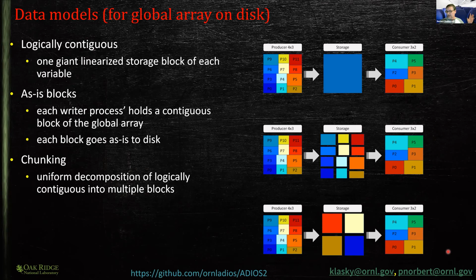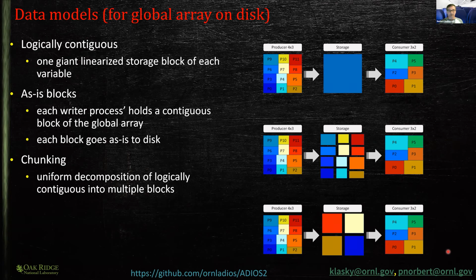Like in the era of serial processing, you have a variable in memory. It's just a contiguous allocation in a one-dimensional array in memory. That you write it out is just one series of bits on the disk. And that model forces you into heavy data reorganizations, both at writing and reading.